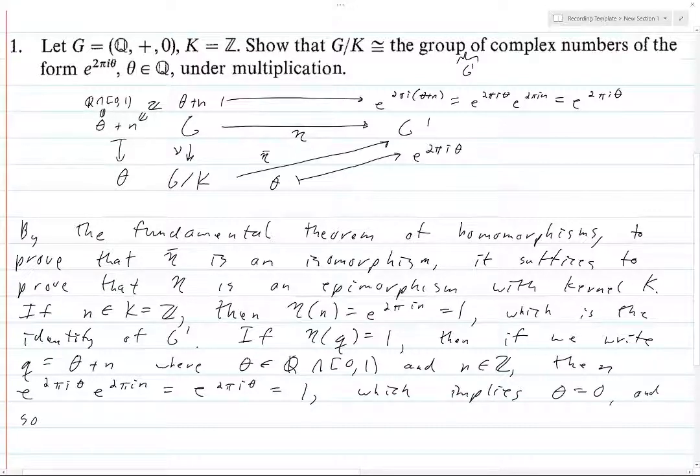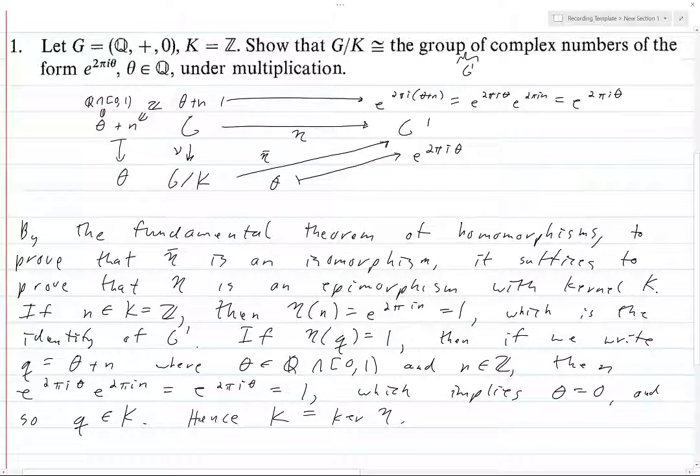And so q is in K, because K is the integers. Hence, K is indeed the kernel of eta.